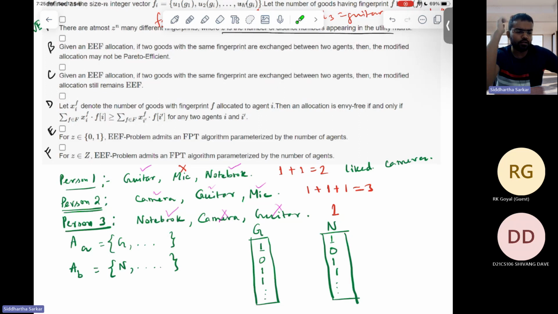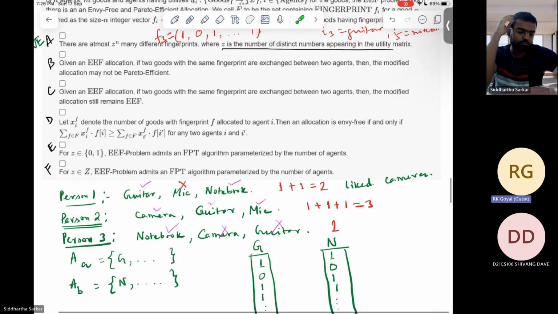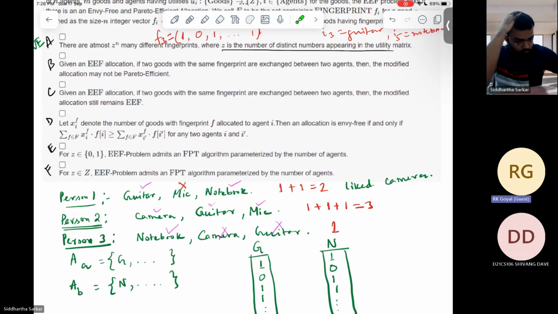Okay, so what does Pareto efficient mean? So this is option C, and I cannot see the option B clearly. Can you slightly scroll it up a little bit? Yeah. So then they are asking that may not be Pareto efficient. So that would mean that the utility should be either equal or greater.